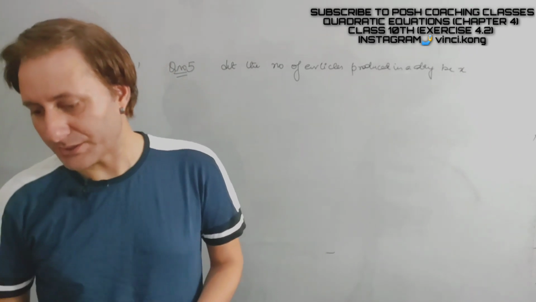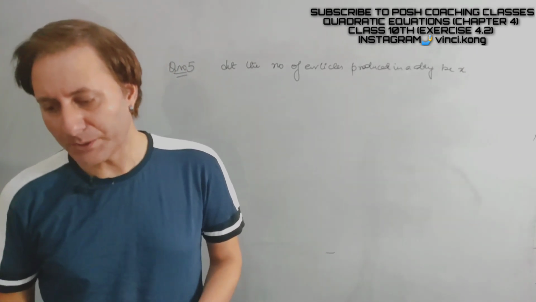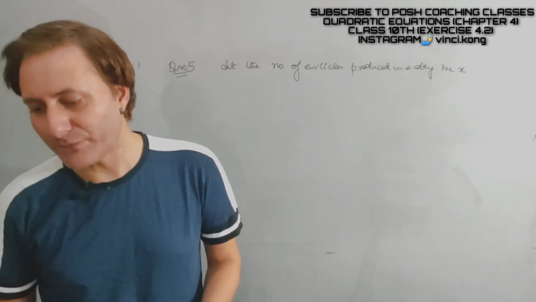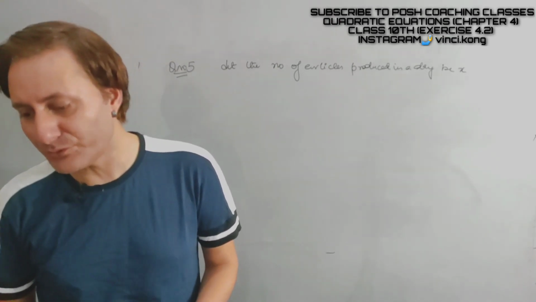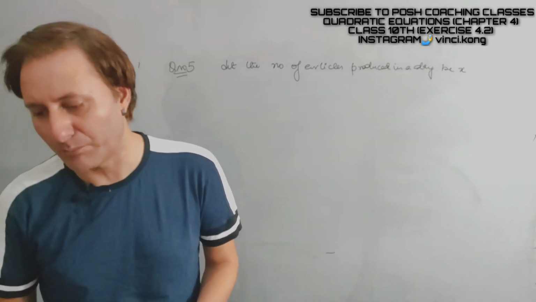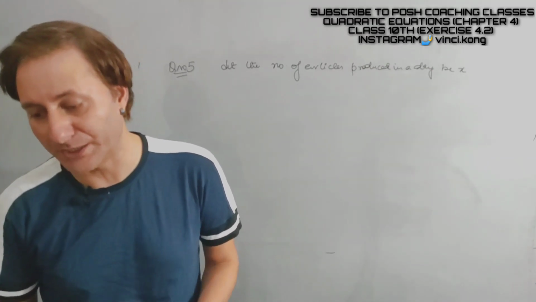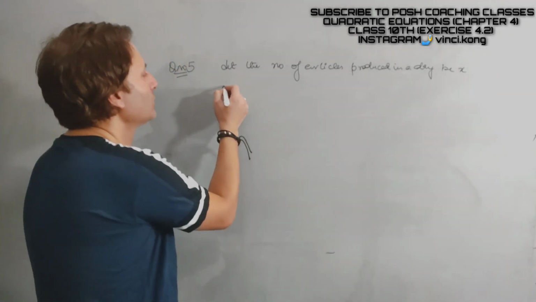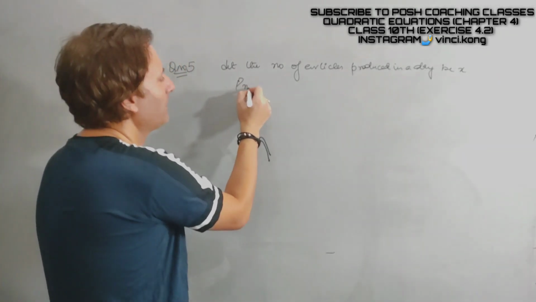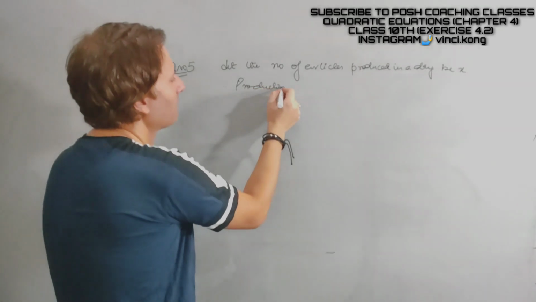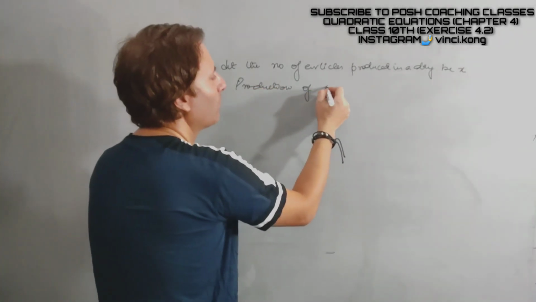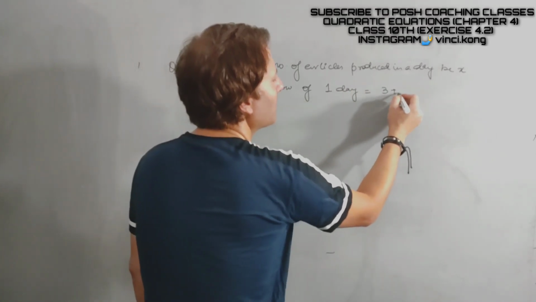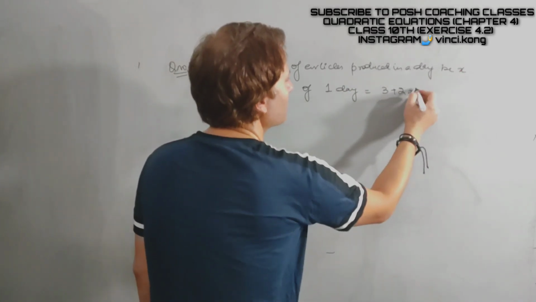After that, it says it was observed on a particular day that the cost of production of each article was 3 more than twice the number of articles produced in that day. 3 more than twice the number of articles.